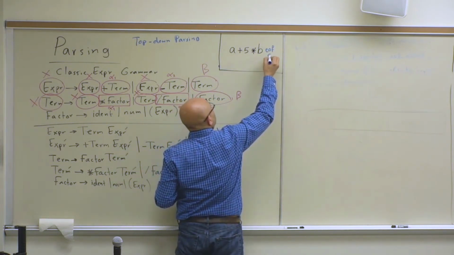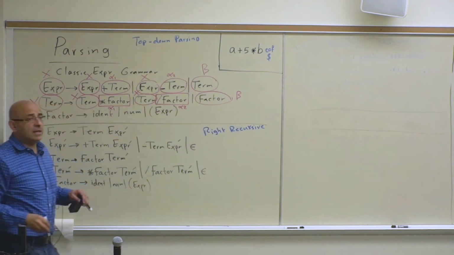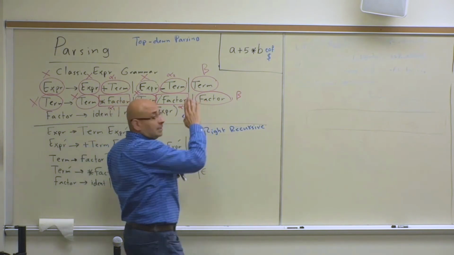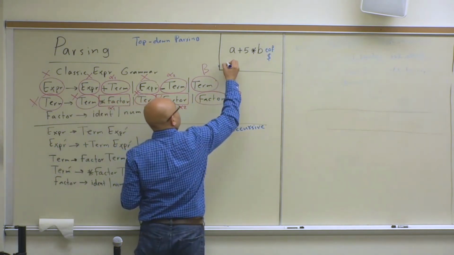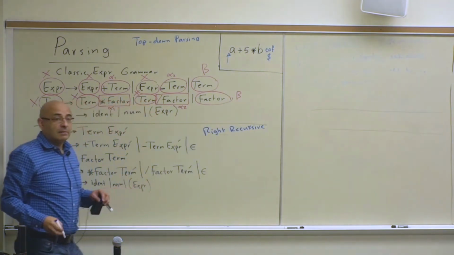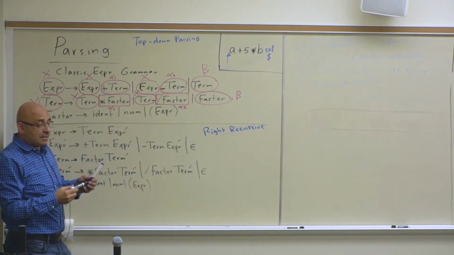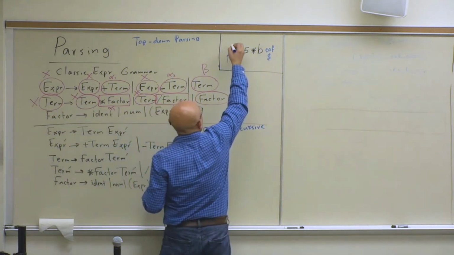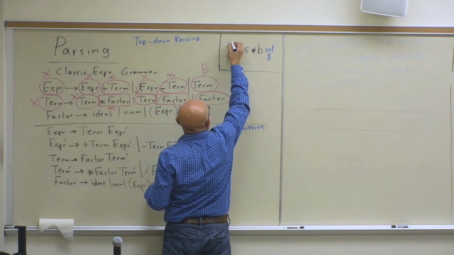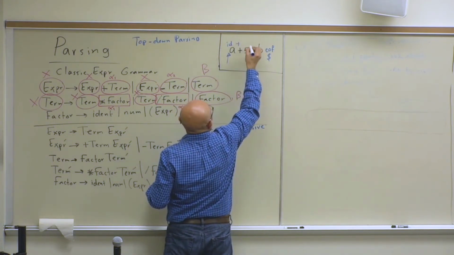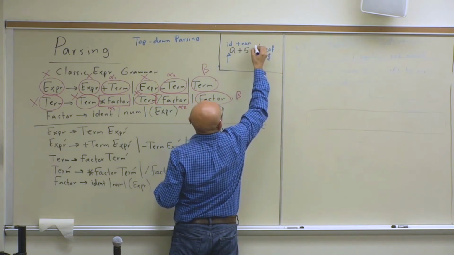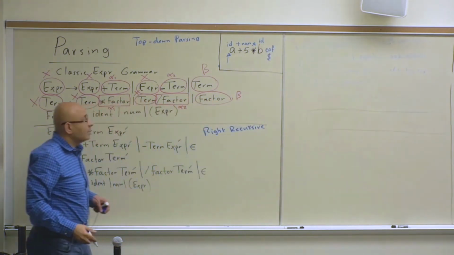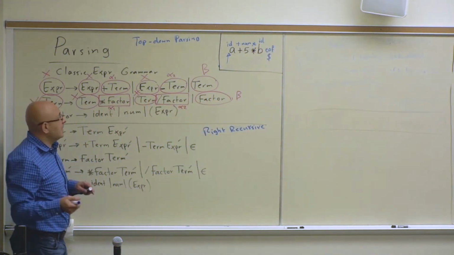Some books use the $, but we will use end of file to mark the end. Initially, we are processing this string from left to right, so our pointer is pointing at the A. The scanner has just identified this as an identifier, this as a plus, this as a number, this as a multiply, and this as another identifier. So this has been scanned.